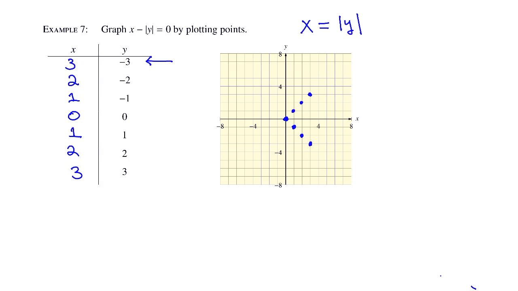And from this we can extrapolate what the other points would be. This forms a straight line on top and a straight line on bottom. And it meets at the corner. So that would be the graph of x minus the absolute value of y equals 0.